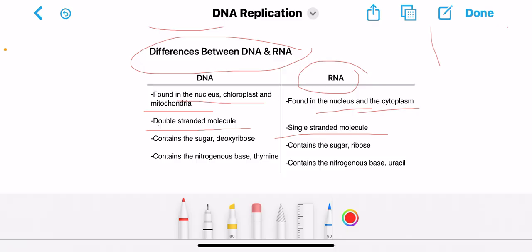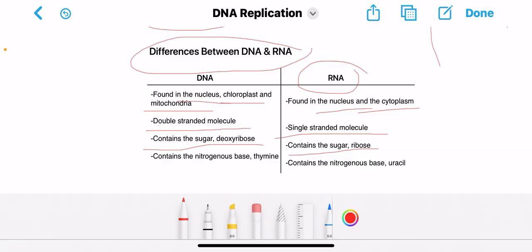Now, what other difference is there? DNA contains the sugar deoxyribose, whereas RNA contains the sugar ribose. Remember, I emphasize this again. DNA consists of the sugar deoxyribose and RNA consists of the sugar ribose.